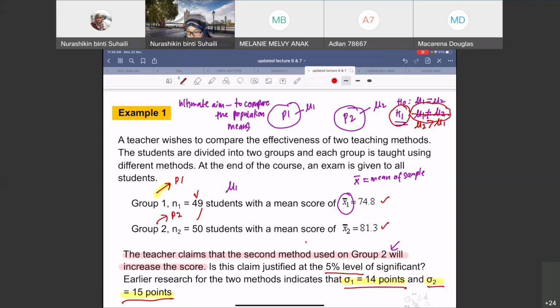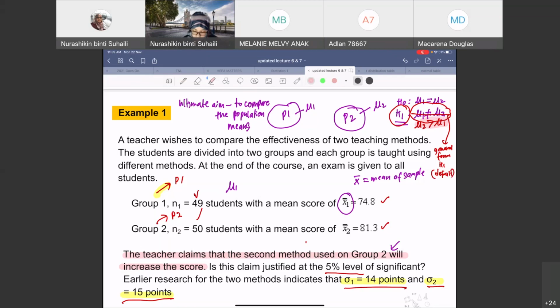But this is just a general form of H1, or we can say default. Default means if there is no extra information given, you just use it. But if there is extra information like this one, you have to stick to the current problem. So in this case, this is more appropriate. That is the hypothesis.